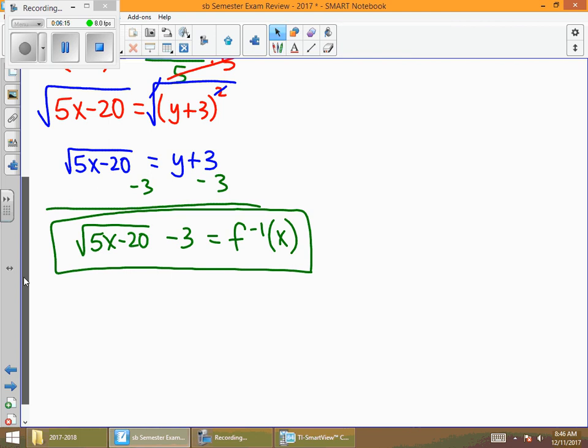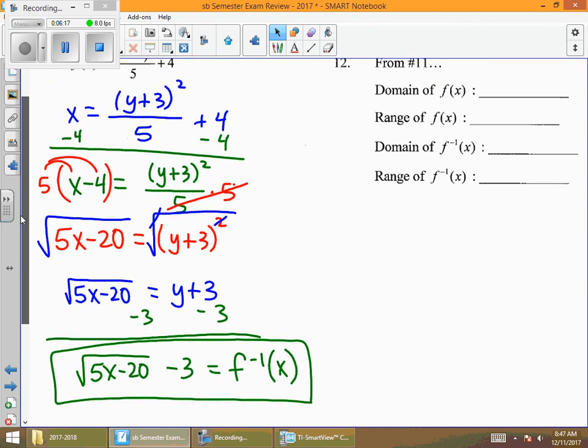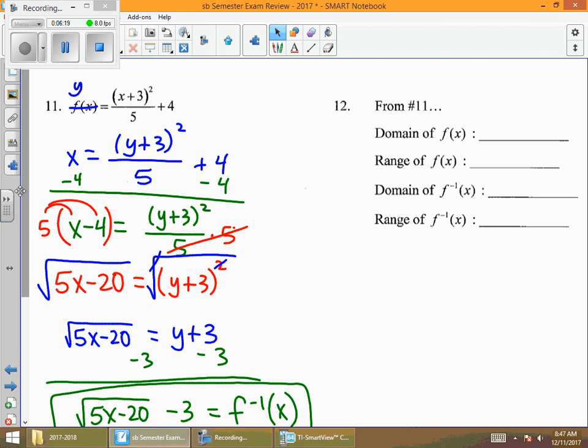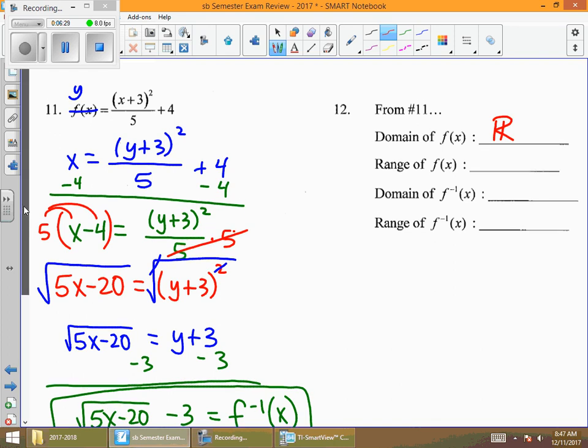And now domain and range. So the domain of your original, this is an x squared function. There's not going to be any restrictions on your domain, so that would be all reals. Although we probably should say x has to be greater than or equal to 0.